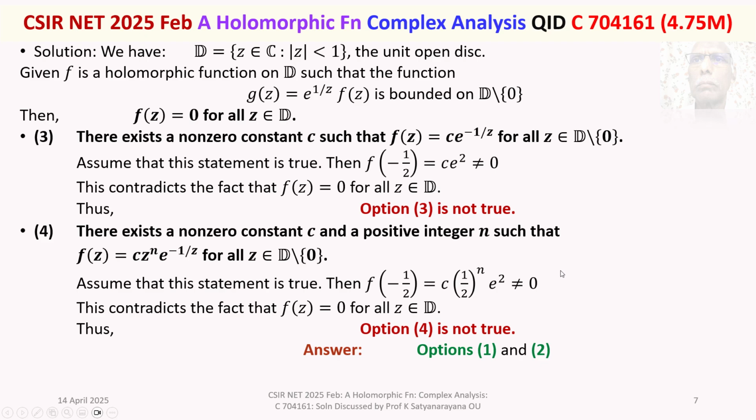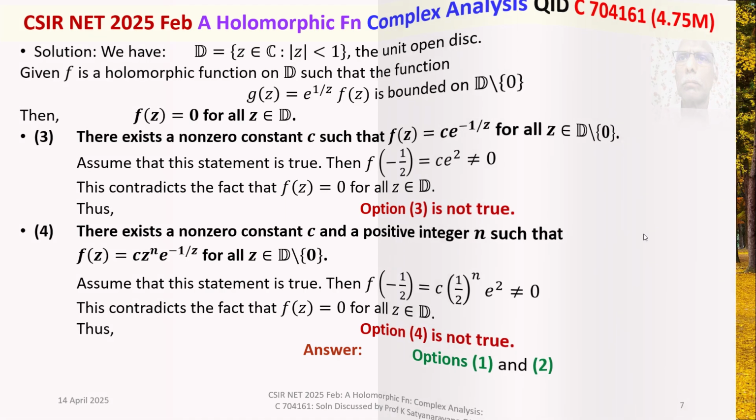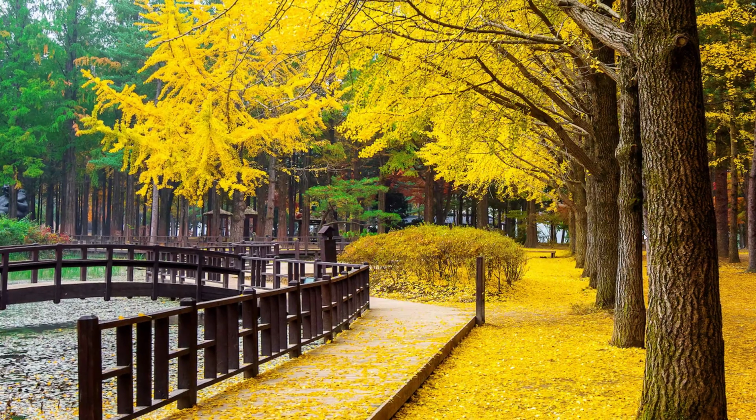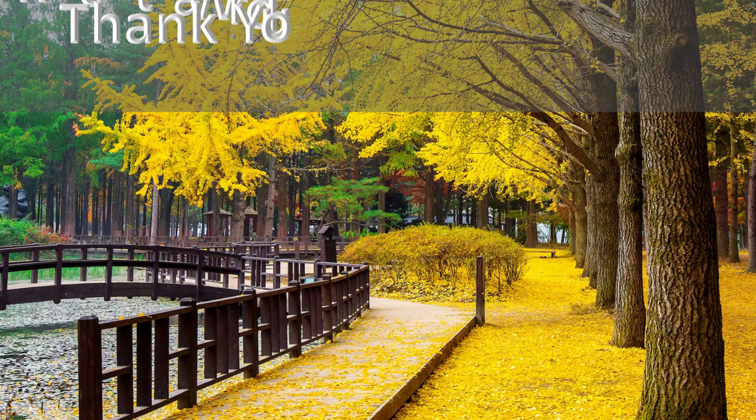Right. It is in a way not a difficult question. It's only that you have to remember that the behavior of e to the power of 1 by z will be unpredictable, right, as z approaches 0 in D. Right. I am sure that you understood the solution of this problem.